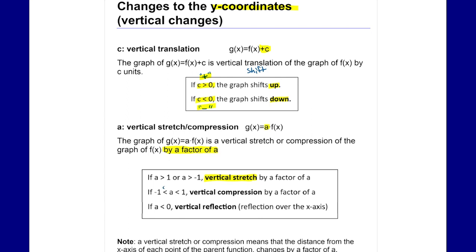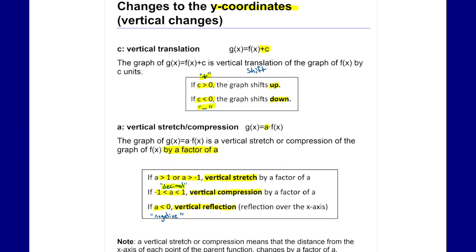So this would basically be a decimal. If we had a decimal value for our a value, it's a vertical compression. And if a is less than 0, we have a vertical reflection. In other words, we have a negative value. If we have a negative a, it's a vertical reflection, meaning we flip it.